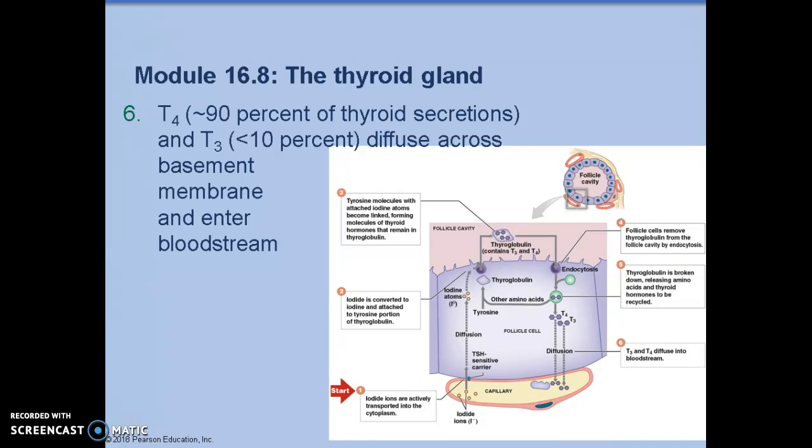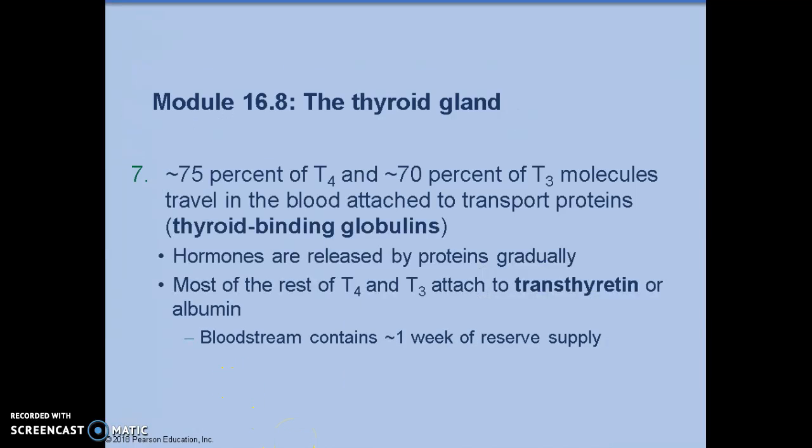So T4 and T3 are going to diffuse across the basement membrane and enter the bloodstream. So our blood contains approximately a week's supply of these thyroid hormones.